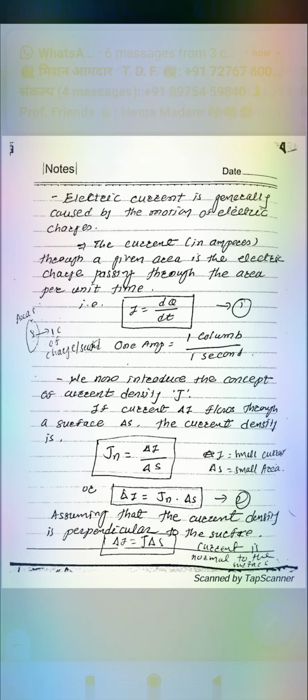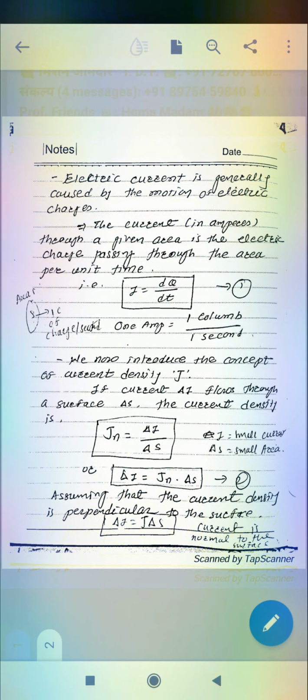Here we assume that the current density is perpendicular to the surface, and only then do we consider this type of equation second.